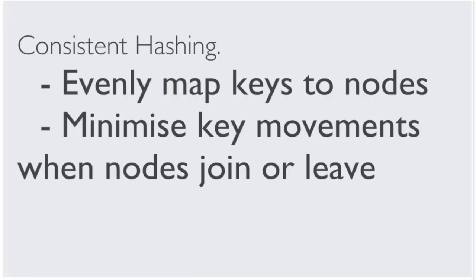So if we have 4 nodes, each will have 25% of the load, and we can very easily understand what's going to happen to all the computers in our cluster. Consistent hashing also allows us to minimize key movements when nodes join or leave the cluster. As I said, we want Cassandra to be continuously available, continuously handling requests. We want to be able to scale it up and scale it down, and consistent hashing helps with this.